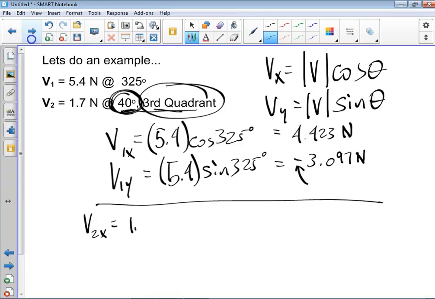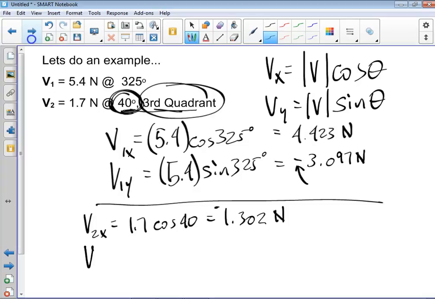So that's going to be 1.7 times the cosine of a 40-degree angle. So I go 1.7 times cosine of a 40-degree angle, and I get 1.302. But I know it's in the third quadrant, so I know it has to be negative, so I assign the negative to it.